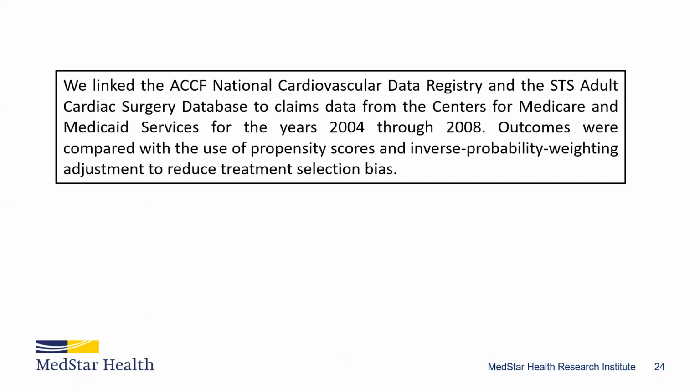And so we got data from the years 2004 through 2008. And so obviously there's going to be differences here that we're not going to be able to control for by use of randomization. So we're going to use propensity scores and inverse probability weighting.